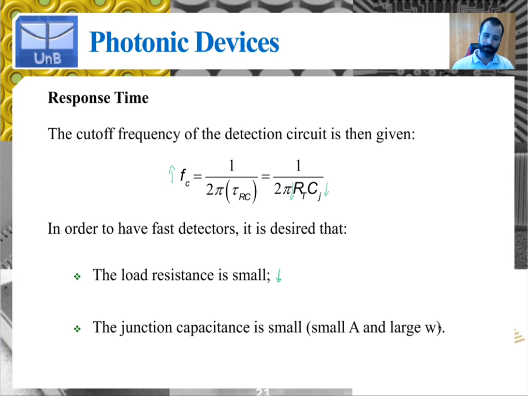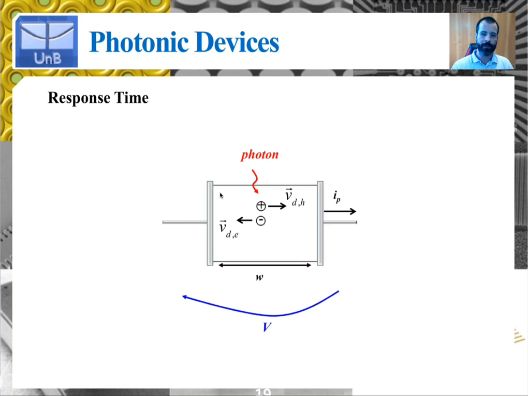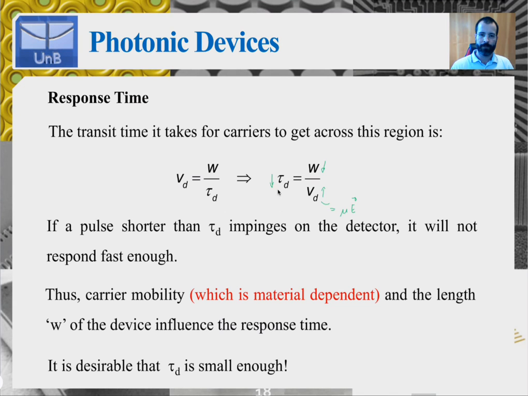Note that the length of the depletion region, or this W parameter here, influences the RC time constant. So here we ideally would want a large depletion region length, but it also has an influence on the transit time. From this equation here, we see that the transit time goes up with the depletion region length.